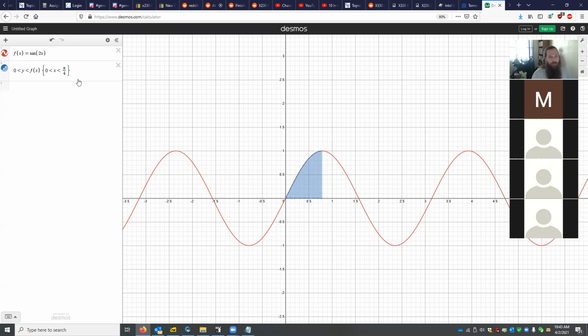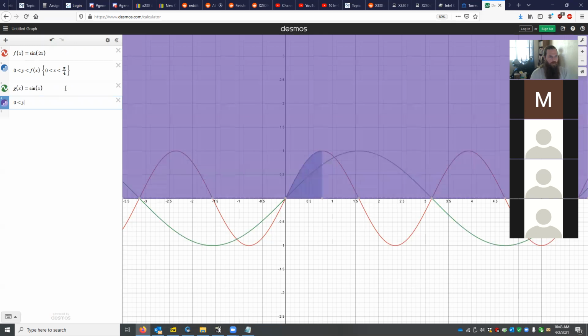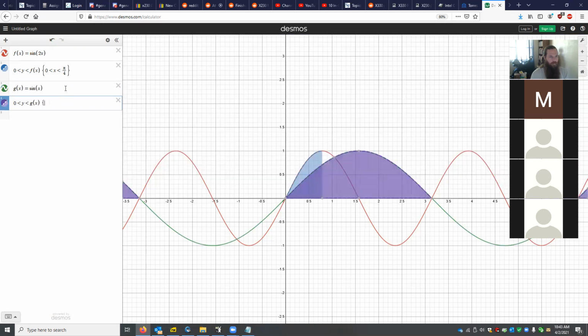If I didn't tell you that this was sine of 2x, these look pretty similar, don't they?